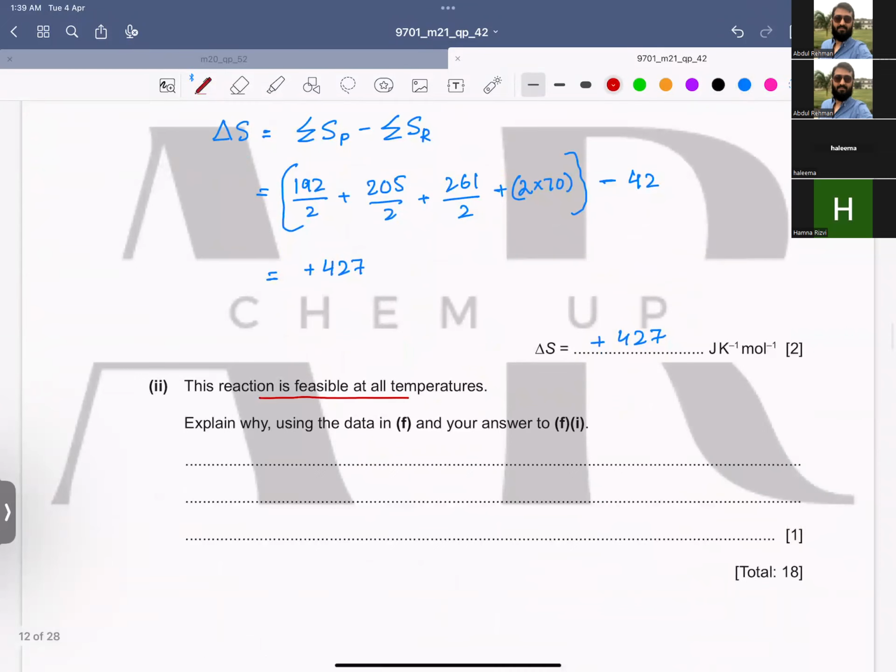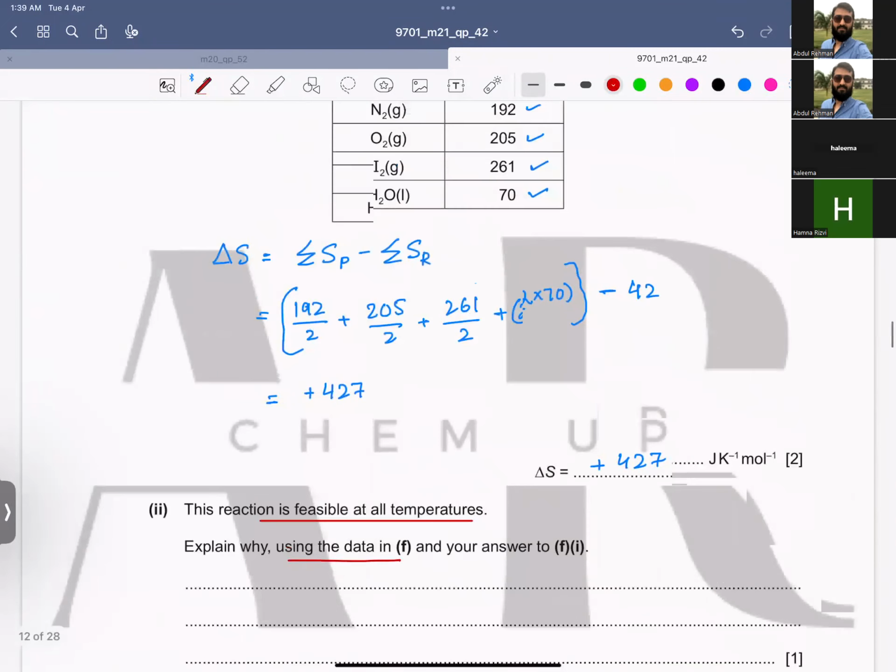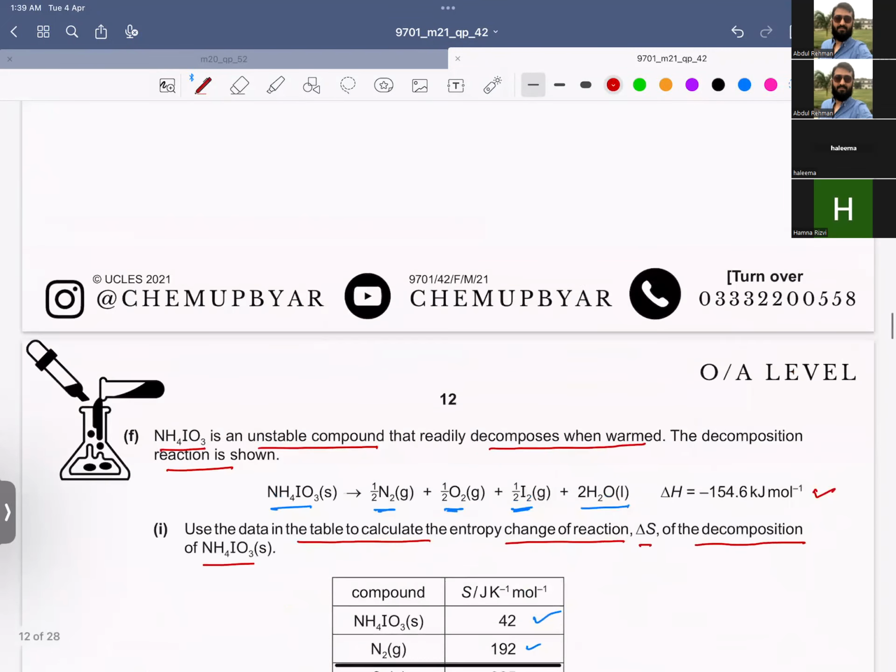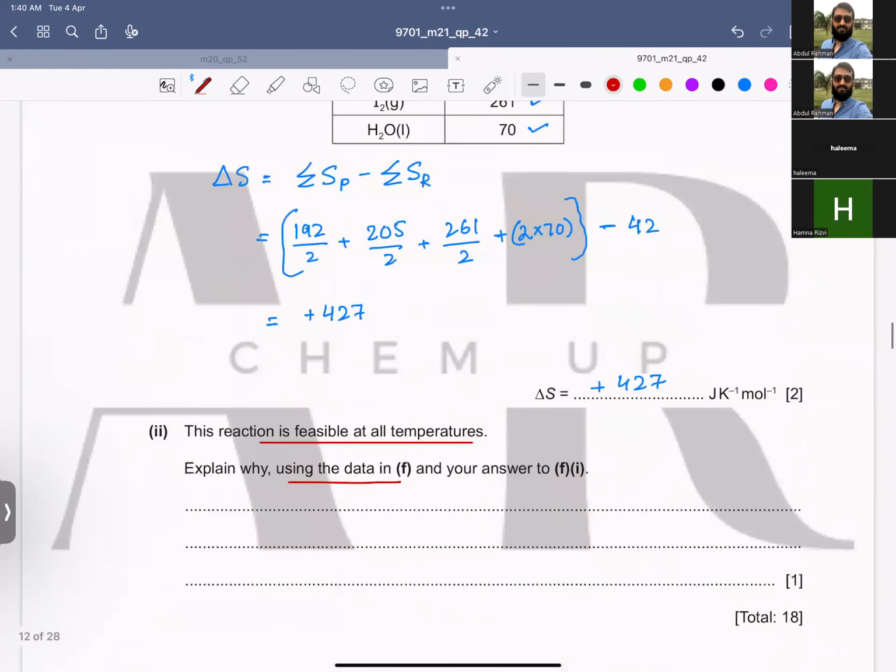Now, this reaction is feasible at all temperatures. Explain using the data in F and your answer to F1. Okay.